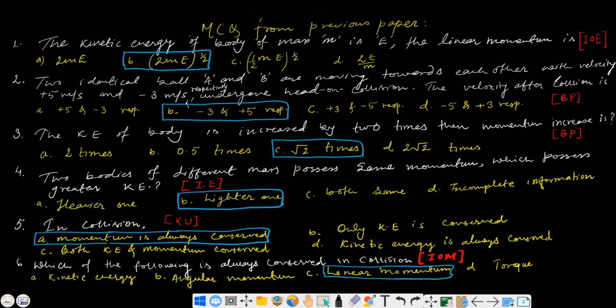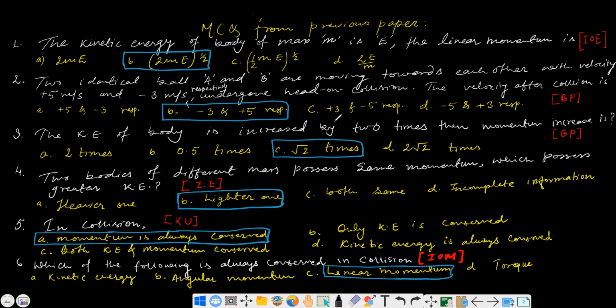The velocity after collision is... Okay, identical भनिसकेपछि मास पनि सेम छ, साइज पनि सेम छ, सबै कुरा सेम छ भने अघि मैले फर्दर अगाडि डिस्कस गरेको थिएँ कि यदि यस्तो खालको सिचुएसन है हेड अन कोलिजन छ, इलास्टिक टाइप अफ कोलिजन छ र identical mass छ भने they will exchange their velocity. So the velocity of A is going to be minus 3 and the velocity of B is going to be plus 5.